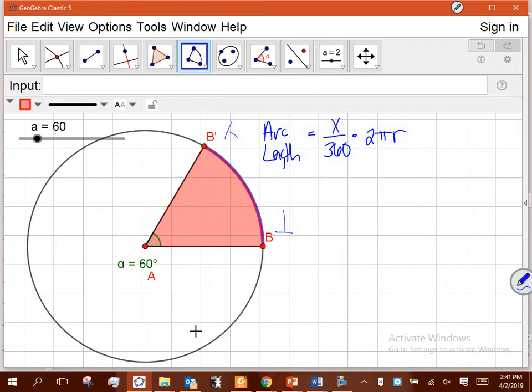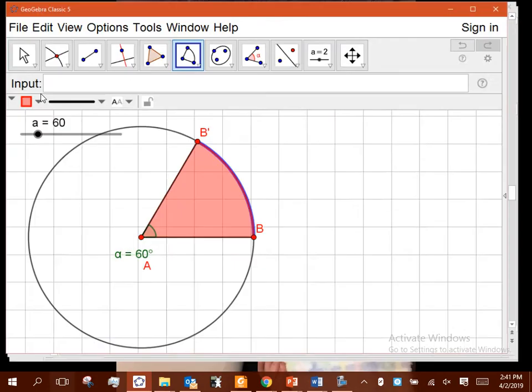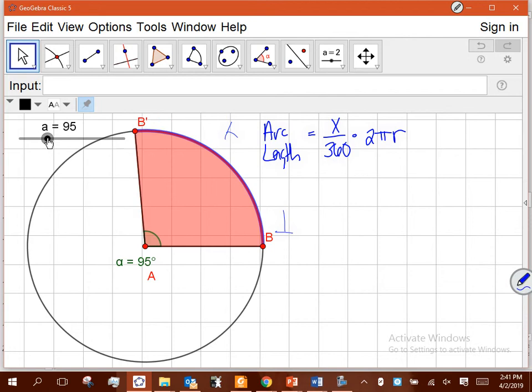So if that red region is 1/6 of the area of a circle, can I write 1/6 times pi r squared? Does that make sense, everybody? Well, it doesn't have to be 1/6. What if it was something like that?